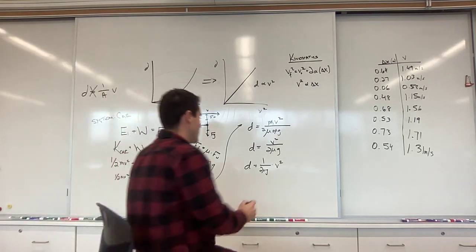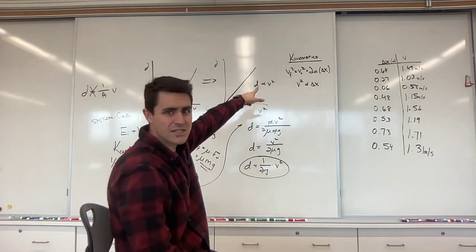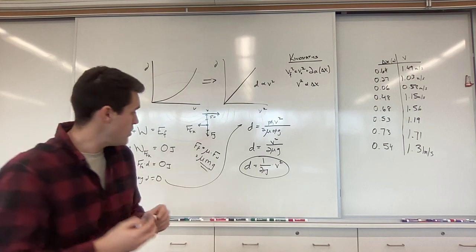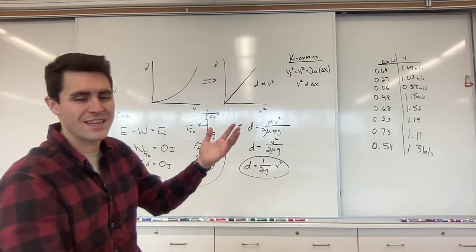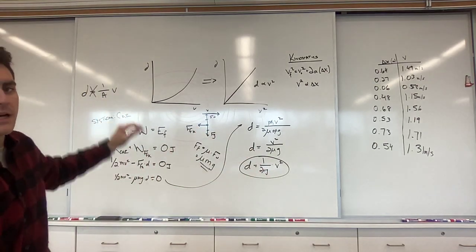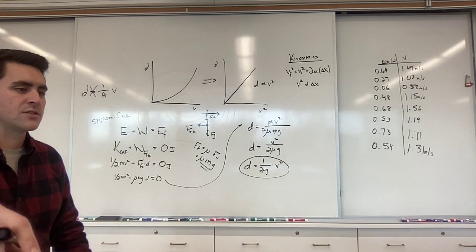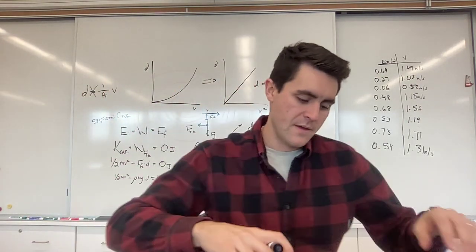So no, they were not right. In fact, this is the appropriate equation. That is the appropriate relationship, and we can use our work energy theorem to solve an equation that refutes the idea that distance and speed are linearly related. They are related in a squared fashion.